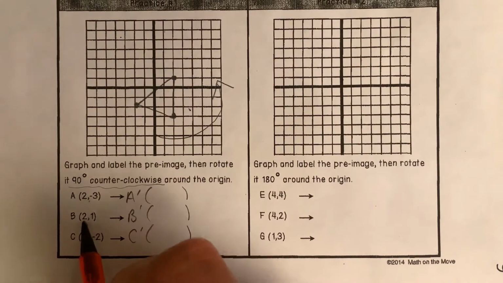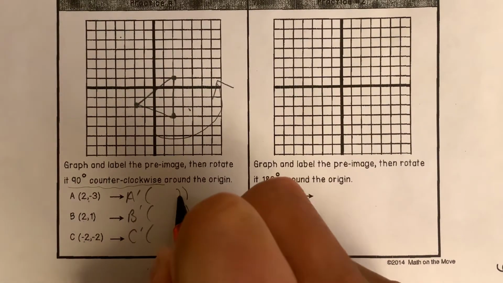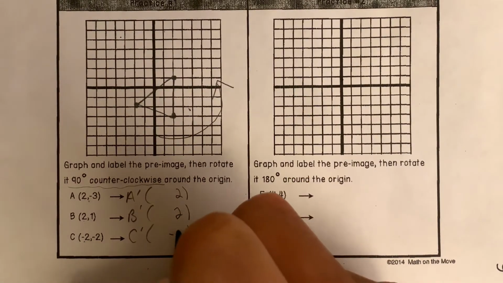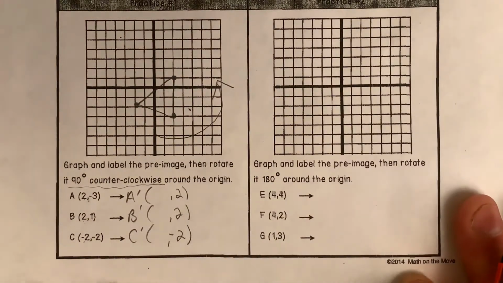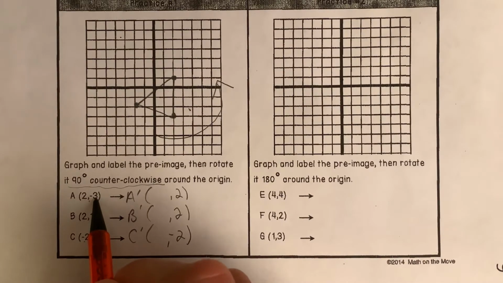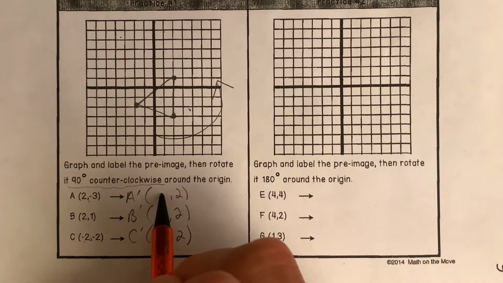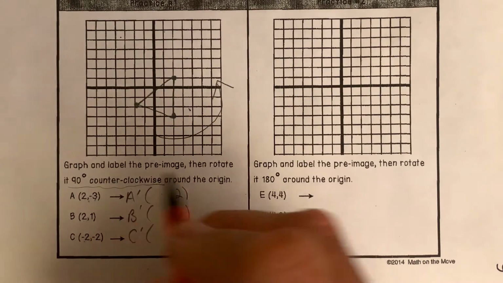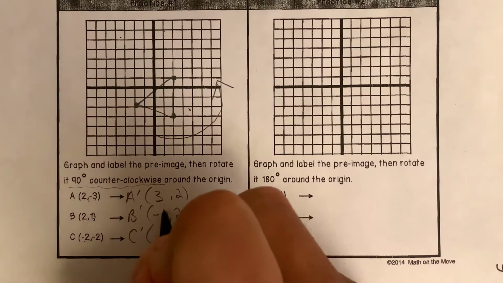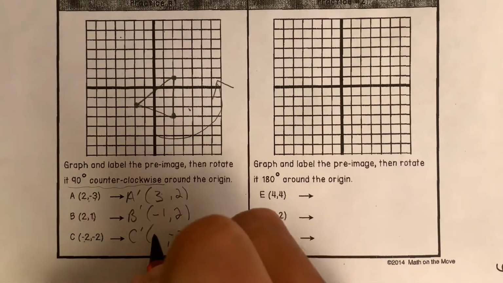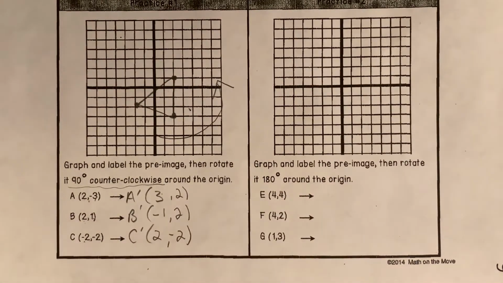So 2, 2, -2 goes here. Now we're going to take the y and move it here and make it the opposite of what it was. Multiply it by -1, in other words. So -3 times -1 becomes 3. 1 times -1 is -1. -2 times -1 is 2.